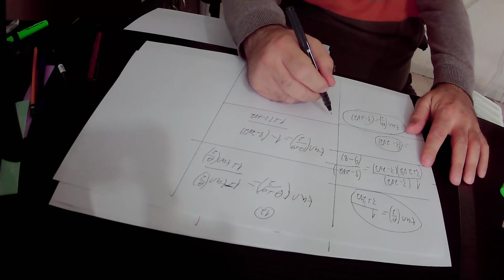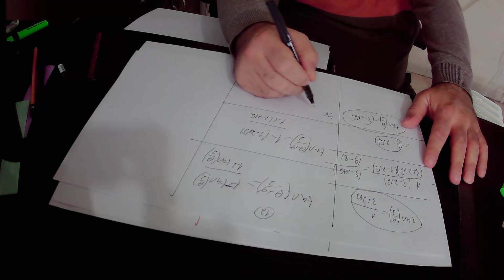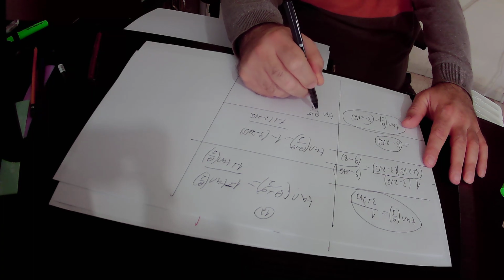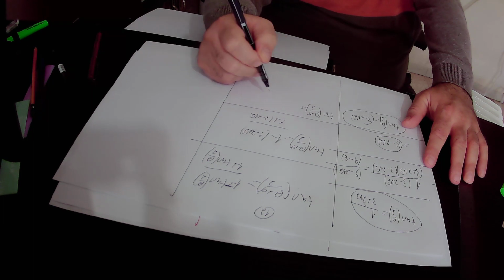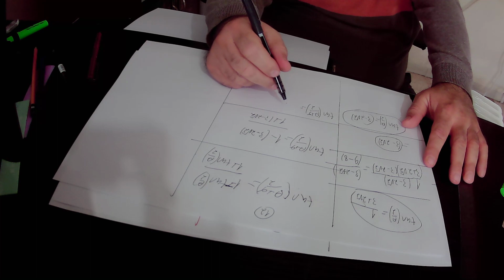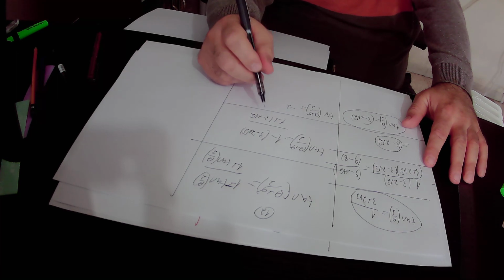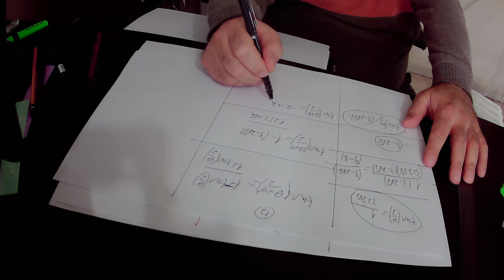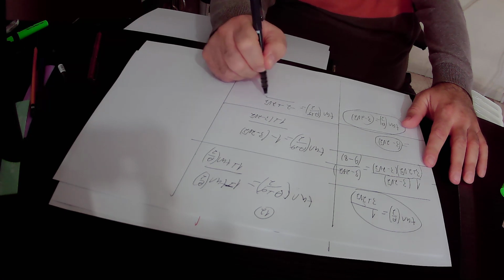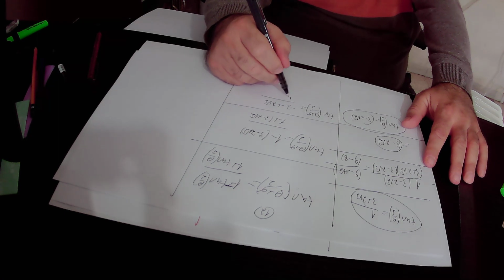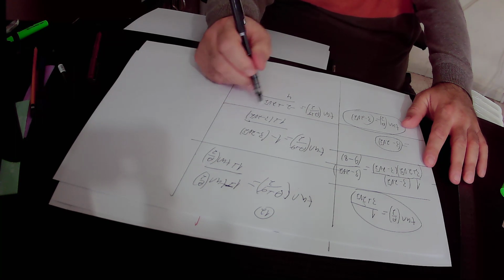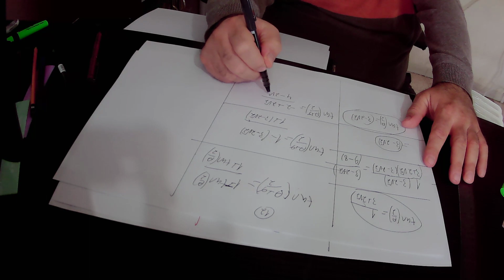We get that tangent of (theta plus alpha) over 2 is equal to 1 minus 3 is minus 2, minus and minus is plus, so it will be plus 2 times square root of 2, over 1 plus 3 is 4, minus 2 times square root of 2.